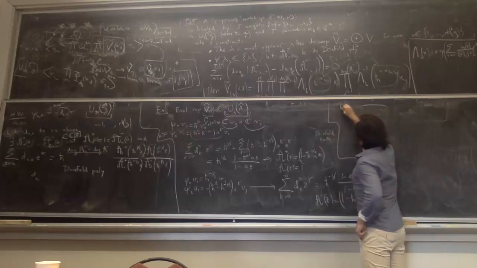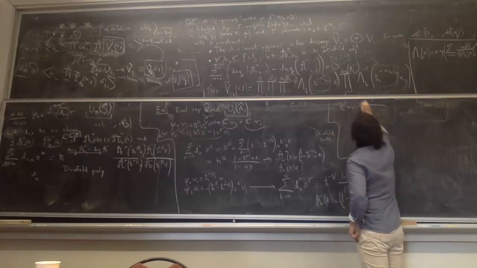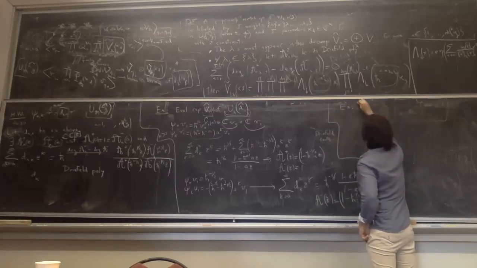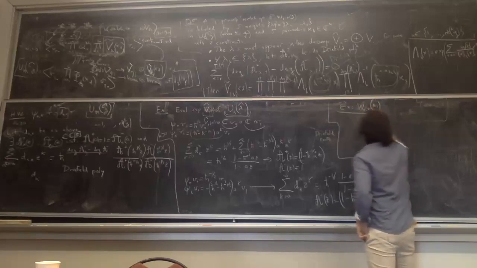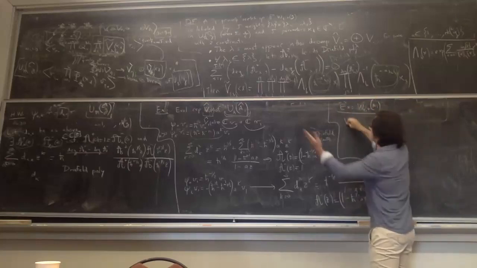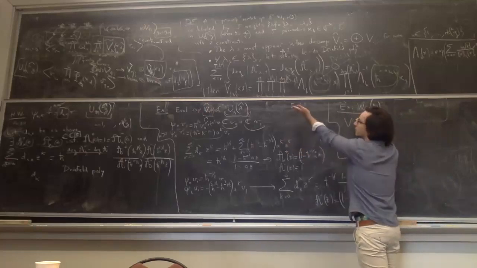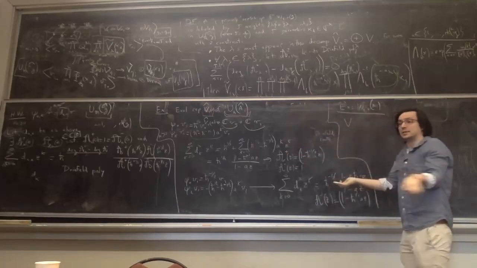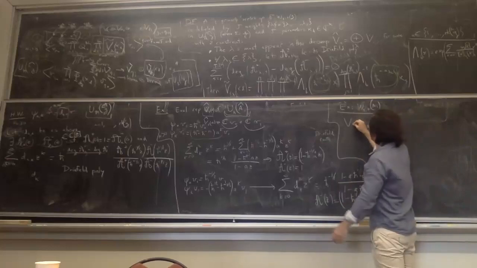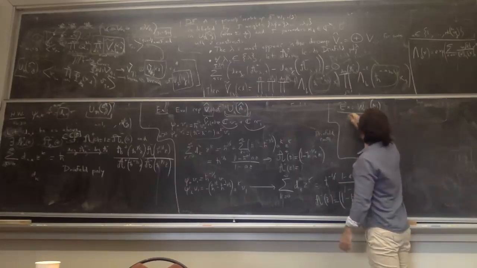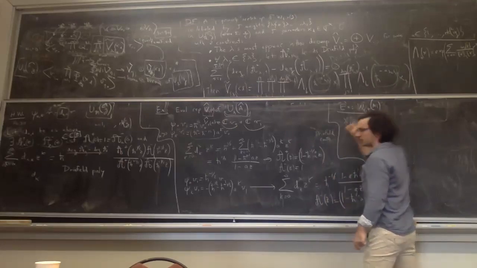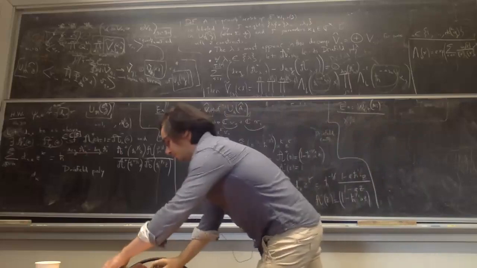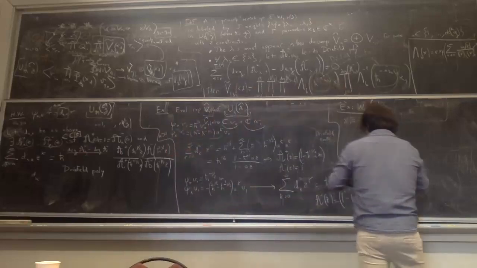So for the A1 example, I need to find a set of weights that satisfies those two constraints. Lambda 1, it's hard to write what this weight looks like in a finite notation.